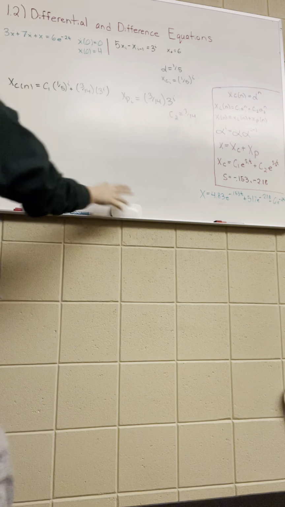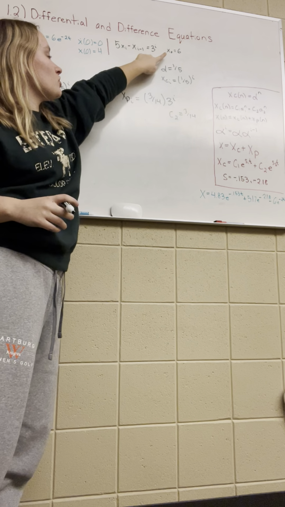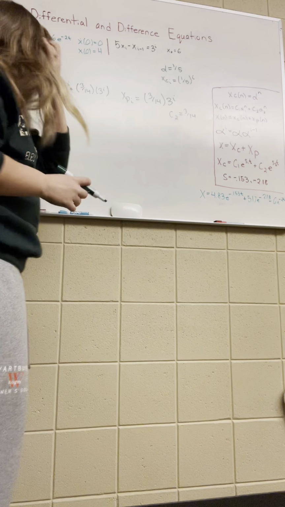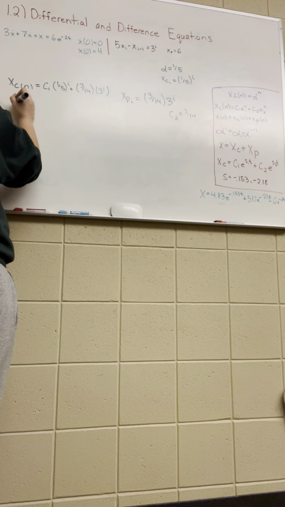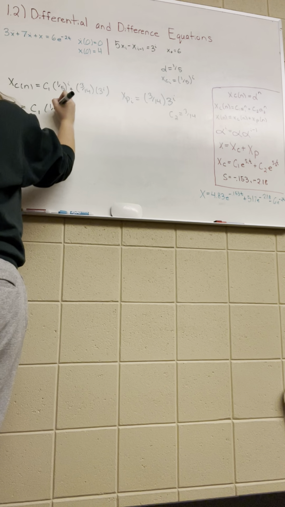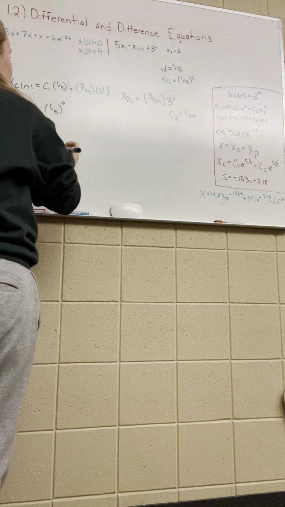All right, and we do know something actually very important. We know that at x naught, so when n equals 0 or when i equals 0, the equation's equal to 6. So this means 6 equals c1 times 1 over 5, and this i right here actually becomes a 0.